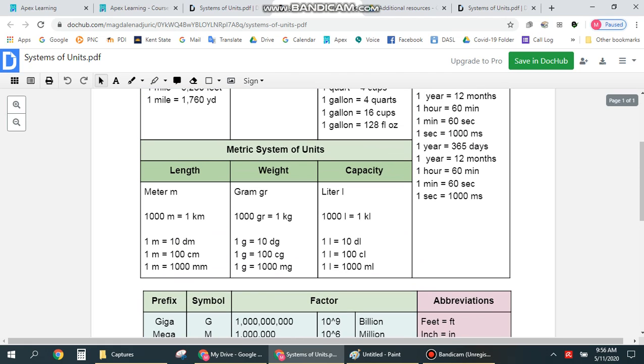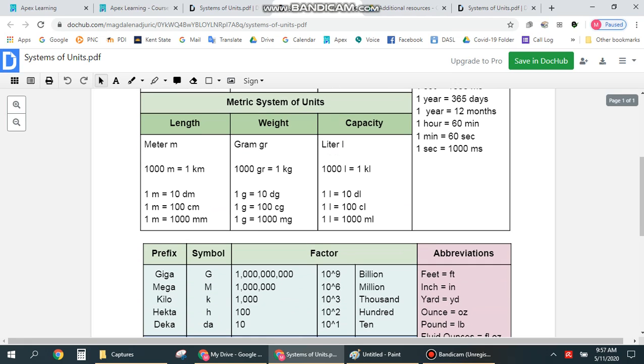And you can see it here. So 1 liter is 1,000 milliliters, or 1 gram is 1,000 milligrams. So those are exactly the same prefixes for length, weight, or capacity. So you just need to memorize that length we measure with meters, weight with grams, and capacity with liters.